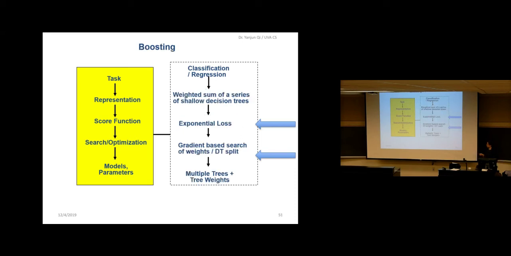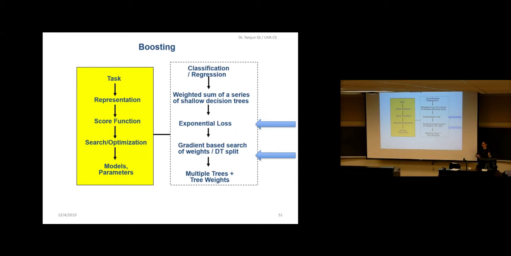Okay, now boosting. Boosting is a weighted sum of a series of shallow decision trees, which is different from random forest. Random forest mostly has almost full trees, but boosting uses very shallow decision trees. And you can actually prove it. Also, boosting is not just multiple independent trees.